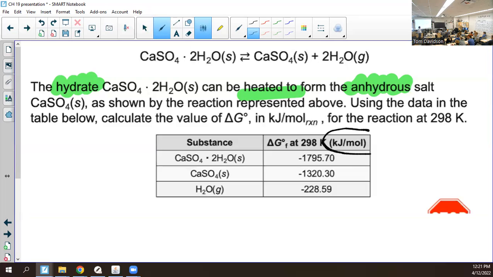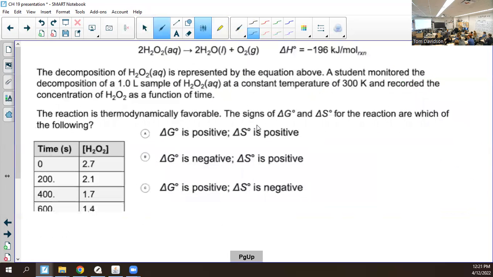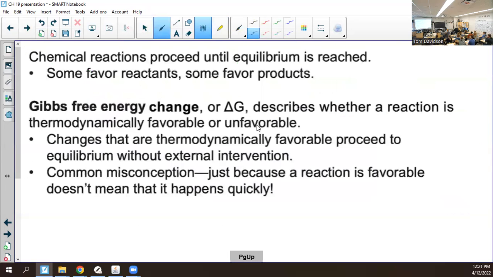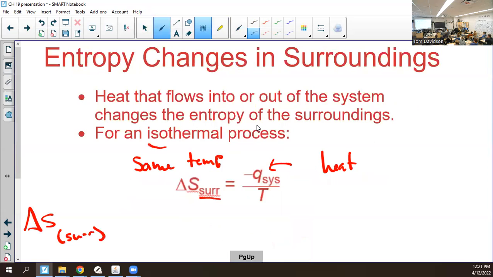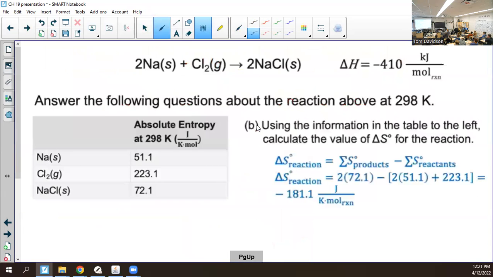You see this unit. What is the top of this unit? These are in kilojoules. So this is a delta G value, and delta S values are in joules, and that can ruin your life. Okay. All right. S is in joules.